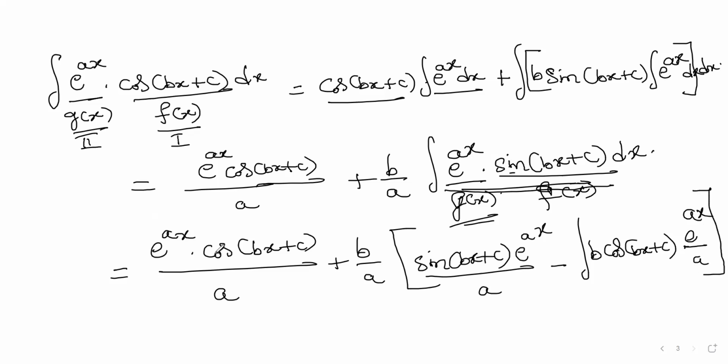Okay. Now let's move on to the next part. Let's see this once again. One more time. So I have e to the power of ax into cos of bx plus c whole divided by a.